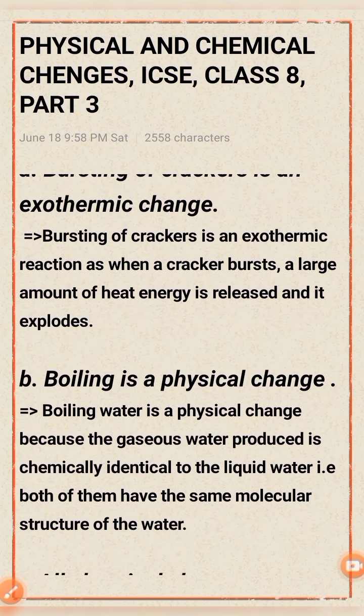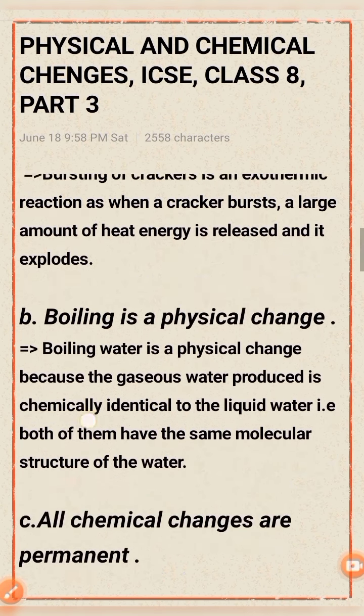Next, boiling is a physical change. Boiling water is a physical change because the gaseous water produced is chemically identical to the liquid water. That is, both of them have the same molecular structure of water.